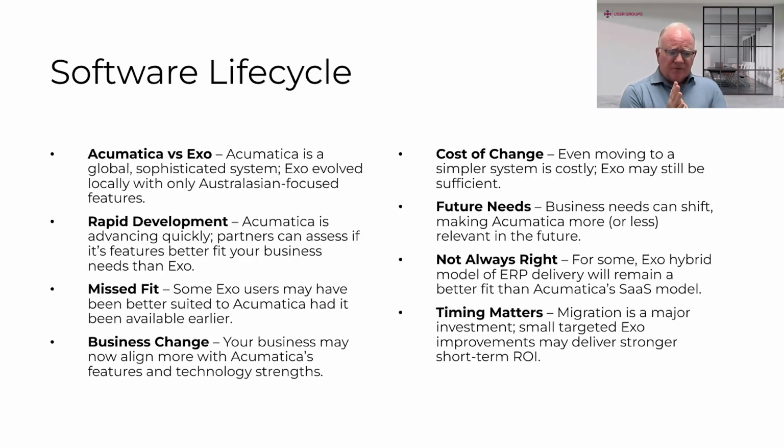So just in terms of putting in perspective the software lifecycle and how Acumatica plays off EXO, plays with EXO. The perspective here is that Acumatica is a global, sophisticated system developed overseas, which has evolved locally for Australasia and is supported and modified by MYOB.